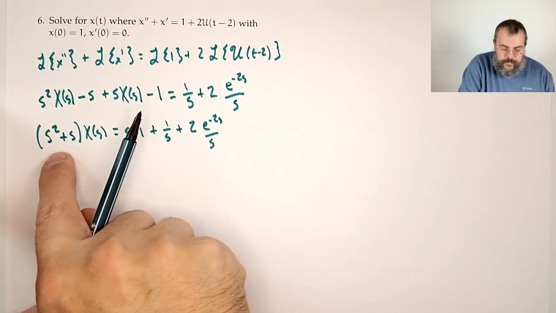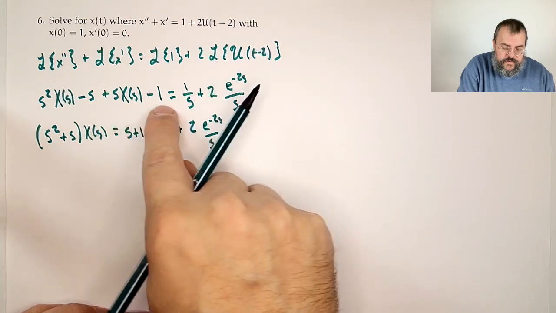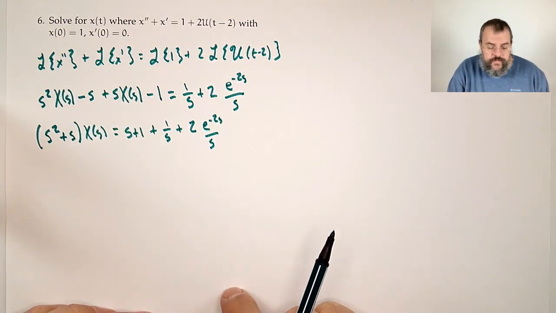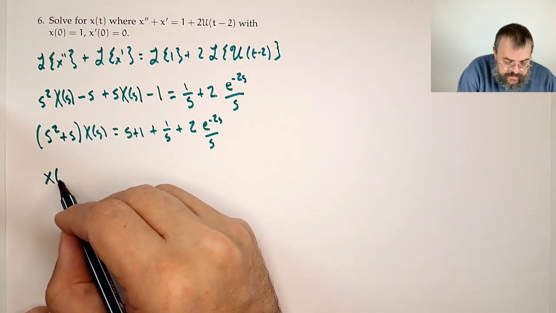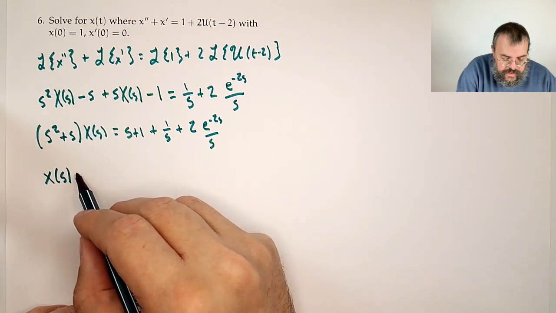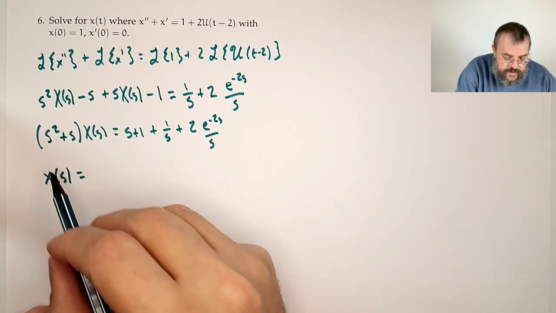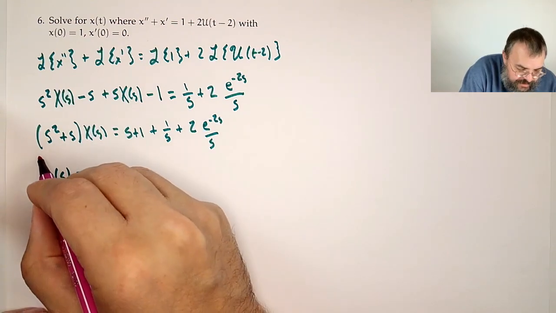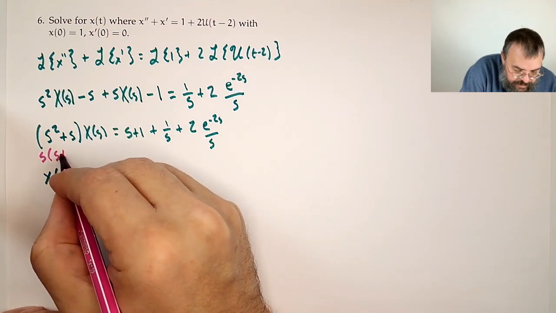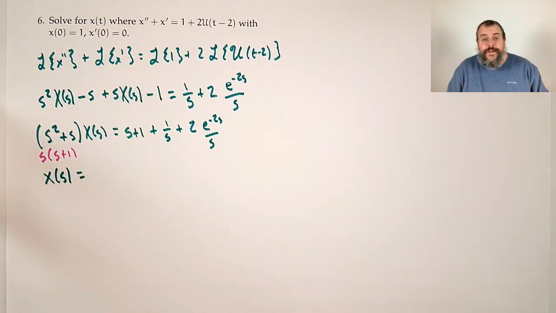So group the x of s terms, move the non-x of s terms across. And now we divide. So x of s, and well, before we divide, let's just make some quick observations. This is really the same as s times s plus 1, because you can factor out. And notice how we have an s plus 1 right there.